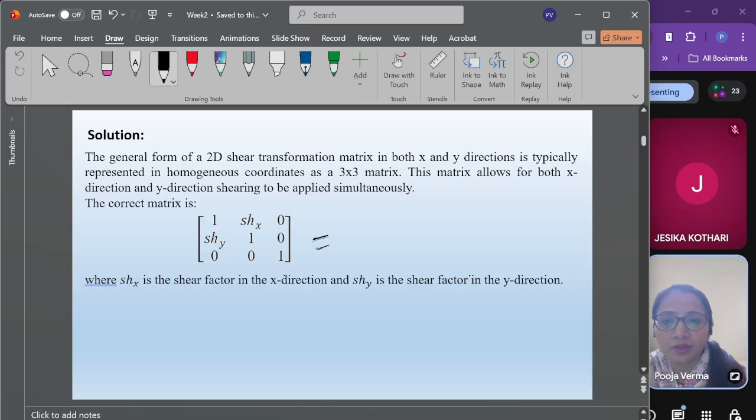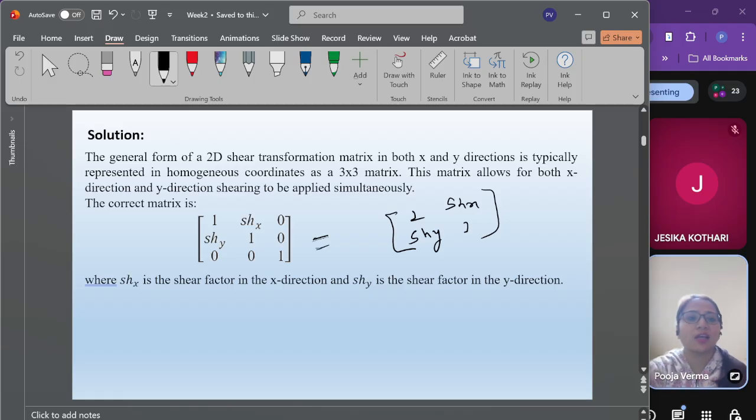If we remove the last one, because it is a 2D shear matrix, it is represented in homogeneous coordinates, which is why it is a 3 cross 3 matrix. Otherwise, in the 2D form, it is 1, SHX, SHY, and 1. This matrix allows both x and y direction shearing to be applied simultaneously.